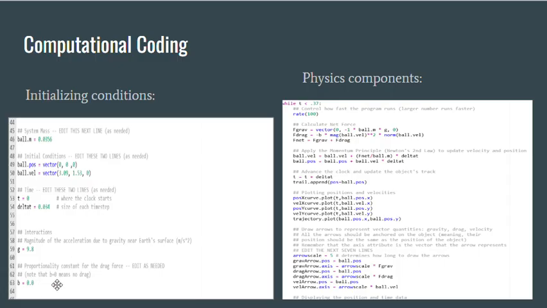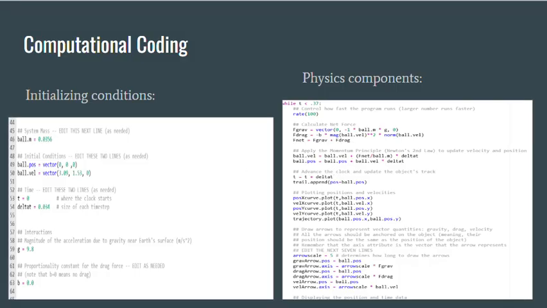First, b, which is drag, was set at 0, but then it was changed to 0.05, which included the drag. Everything else on the right, such as F grav and F drag, was used to find F net. And then the fundamental principle, position update, and velocity update were used.